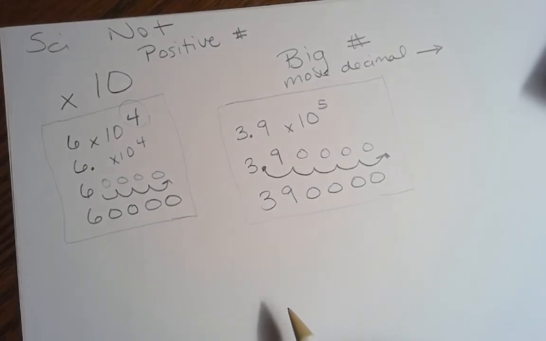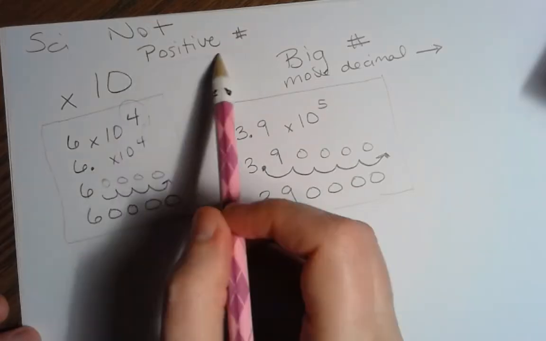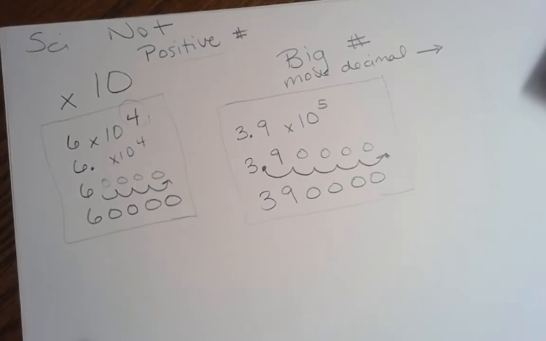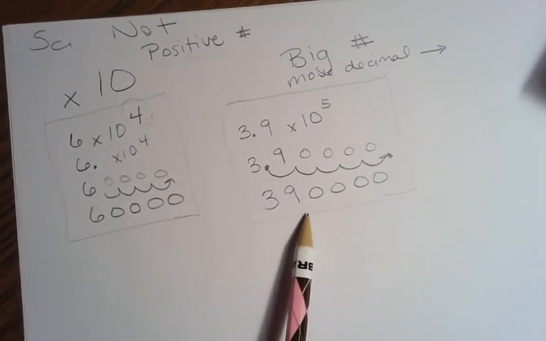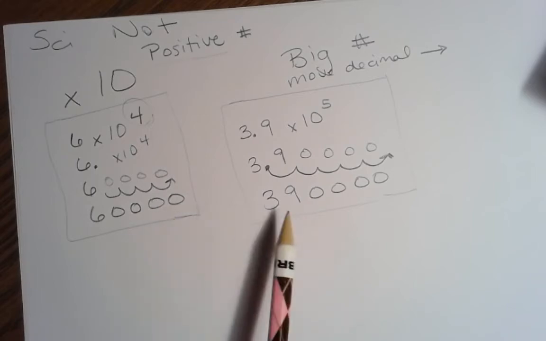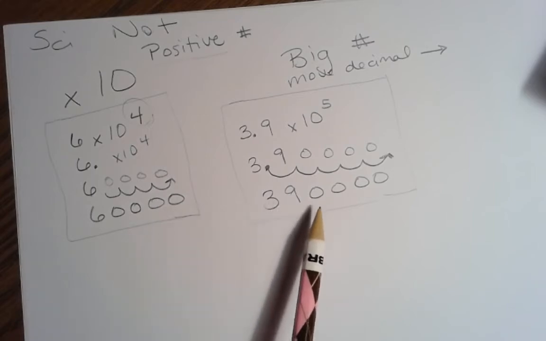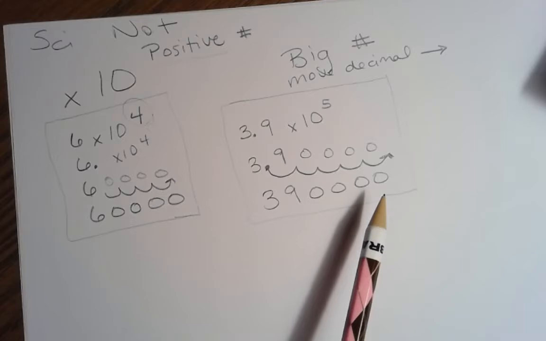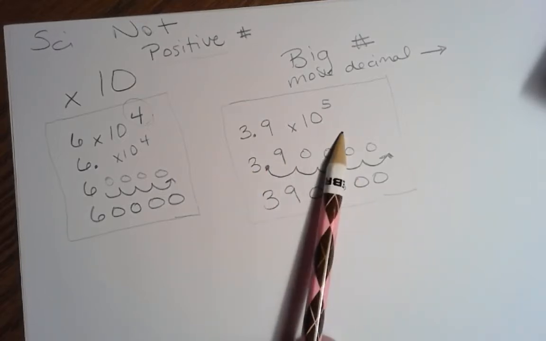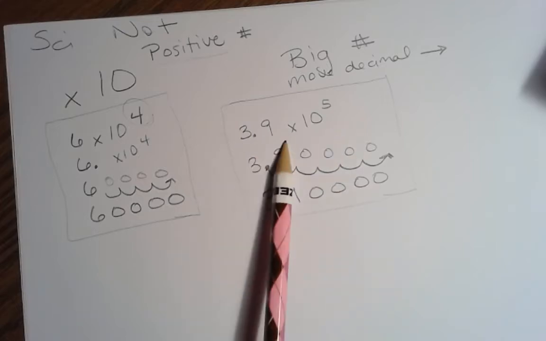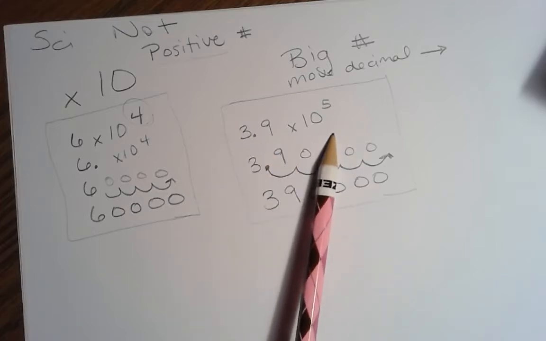Now, when we started this video, we said that scientific notation can look intimidating because of the times 10 and the exponent. We're going to get negative exponents on the other half of this page. They can look intimidating. What's nice about them is that they take these super big numbers with all these excessive zeros, and they turn them into their essence, the number itself and how big it is.